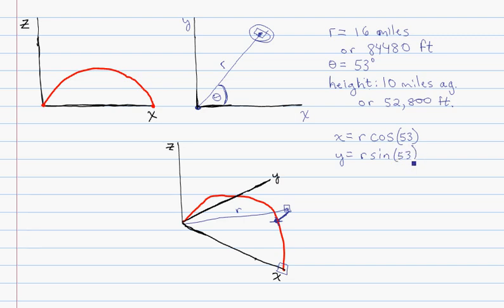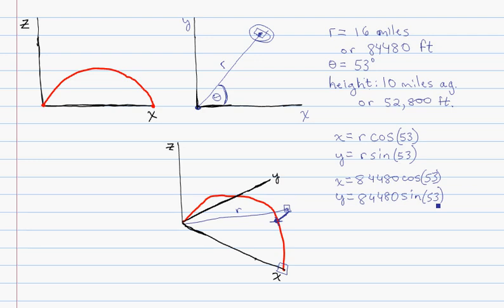So we know what R is in these cases. So X is equal to 84,480 times cosine of the angle, and Y is equal to the same thing, just times sine of the angle.